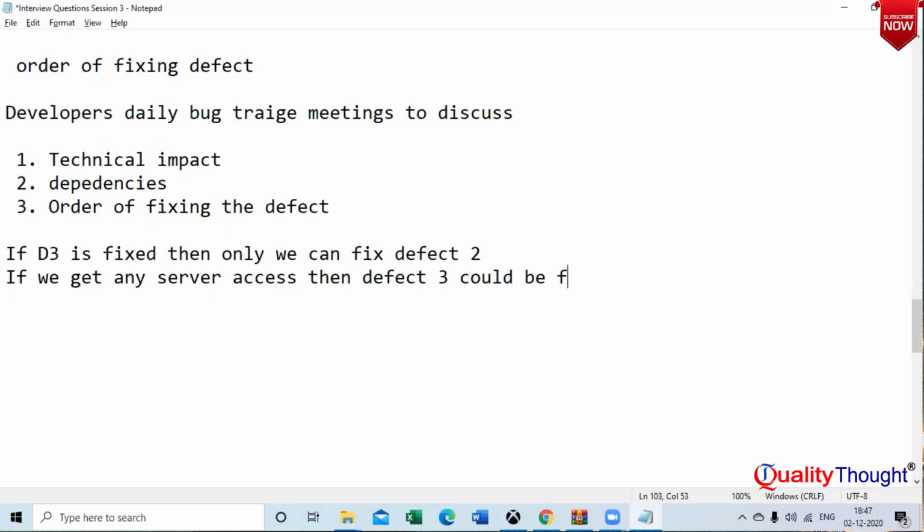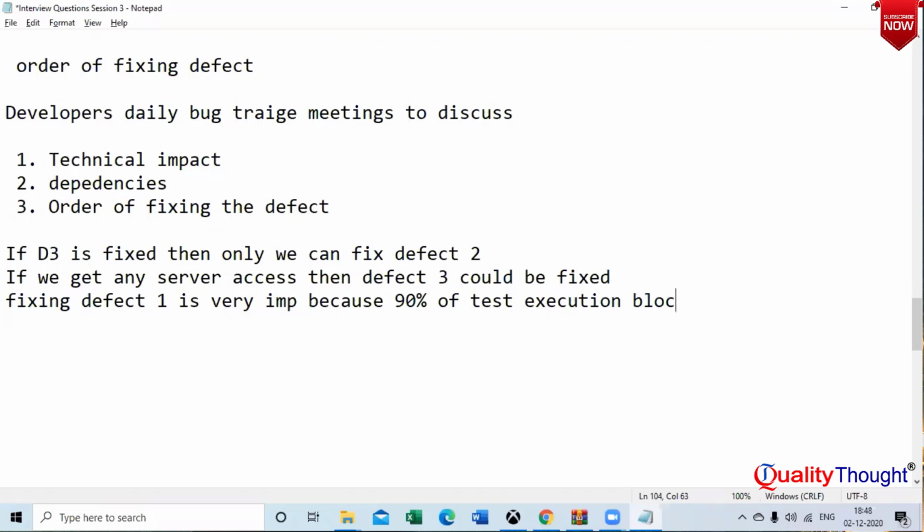Fixing defect 1 is very important because 90% of test execution is blocked. Fixing defect 5 is important because in the evening we have a customer review.